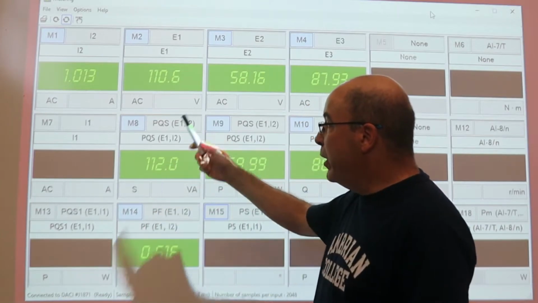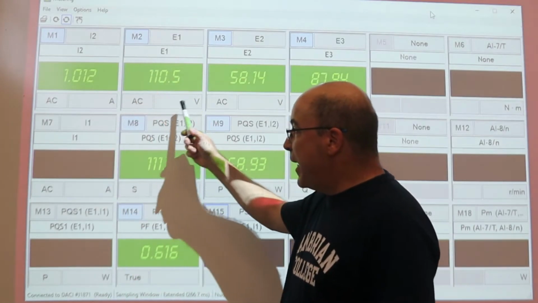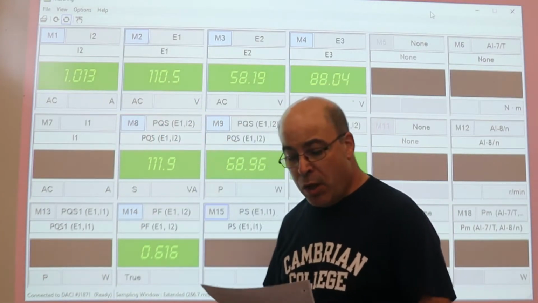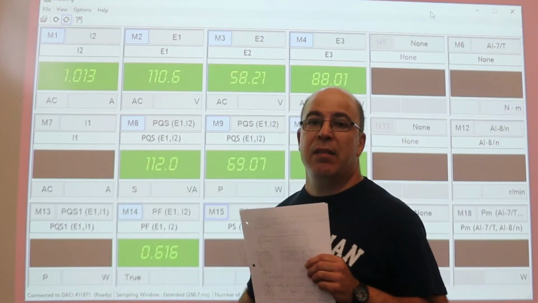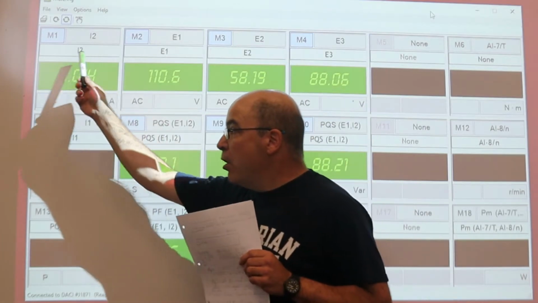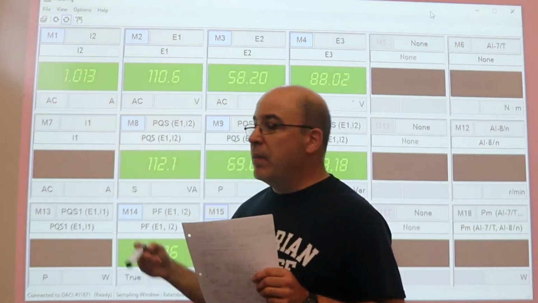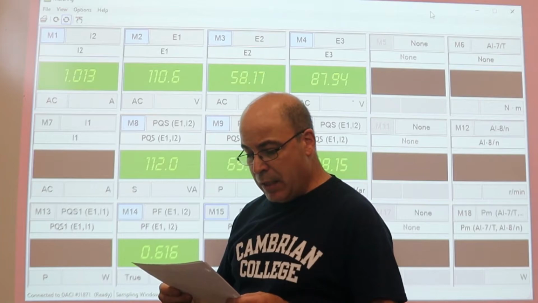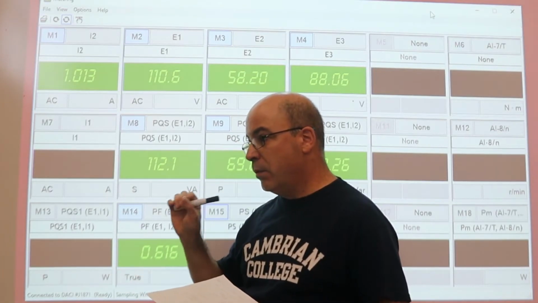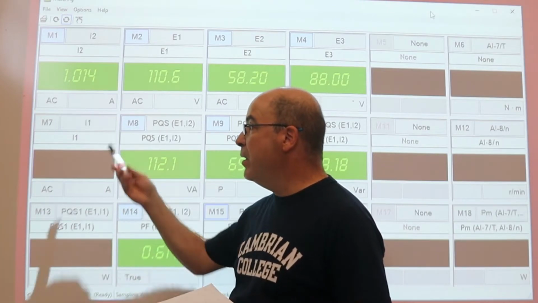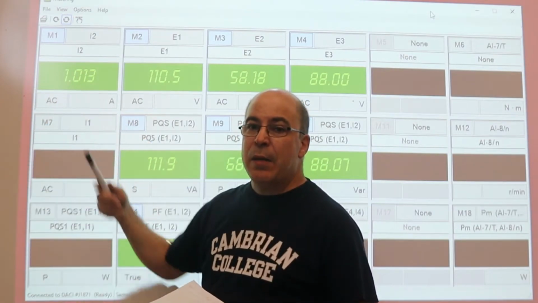Now, I'll bring to your attention, I've tried to calibrate as close as I could to the nominal voltage that we found in our calculations of 110 volts. The current is pretty close. It's not exactly that close to the 1.07, but we're in the neighborhood.